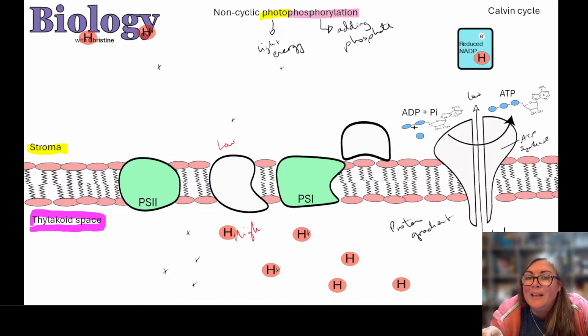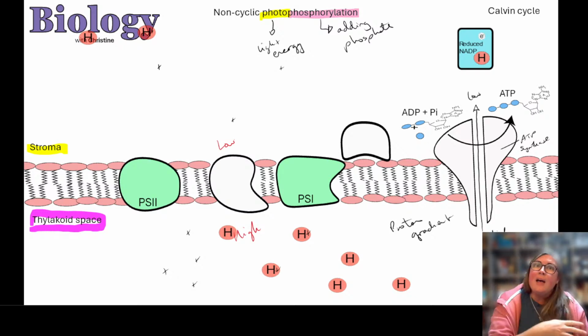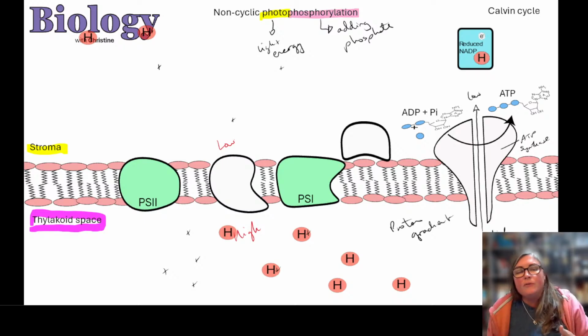Okay, so Alex, no, we don't say it's facilitated diffusion, and this is one of the things you have to be very careful of. We don't say it's facilitated diffusion because what we're actually doing is what's known as chemiosmosis. So you learned about chemiosmosis when you did respiration, where at the cristae, oxidative phosphorylation occurred.